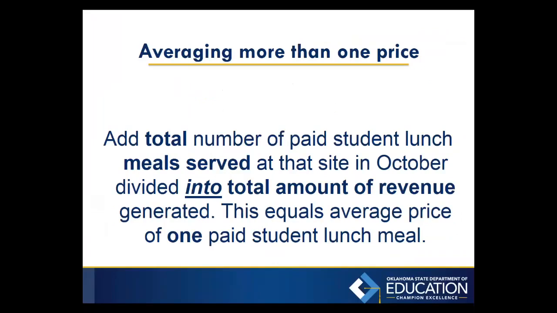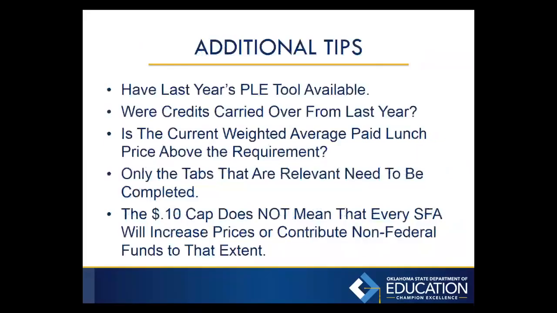So if you're charging your full paid students $3 to go through the pizza line, but they can go over to the hamburger line and it's only $2, the average price from that $3 and $2 is $2.50. So that's what you would use as your full paid average price for those student full paid meals for that cafeteria. That's probably not happening everywhere, but it is a possibility. It's been brought up, so we wanted to make sure if you had that question that we tried to answer it before you started entering information into your tool.